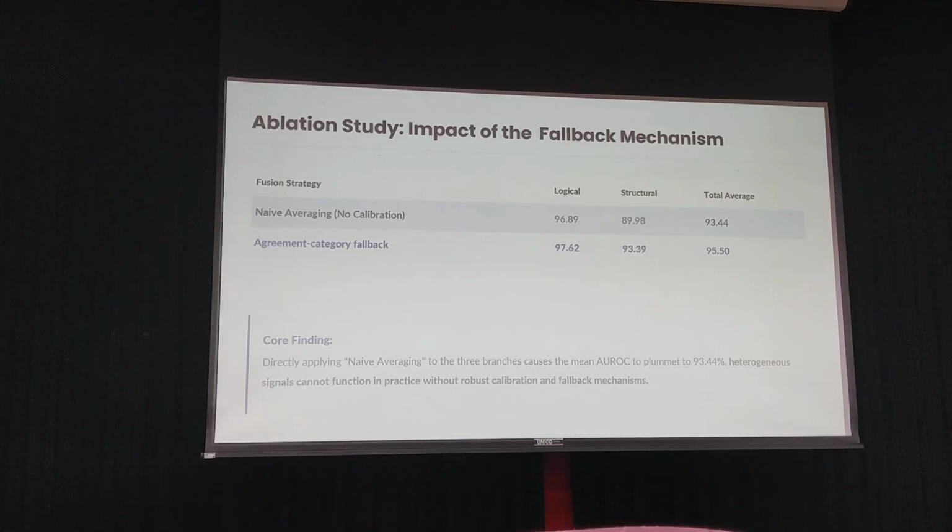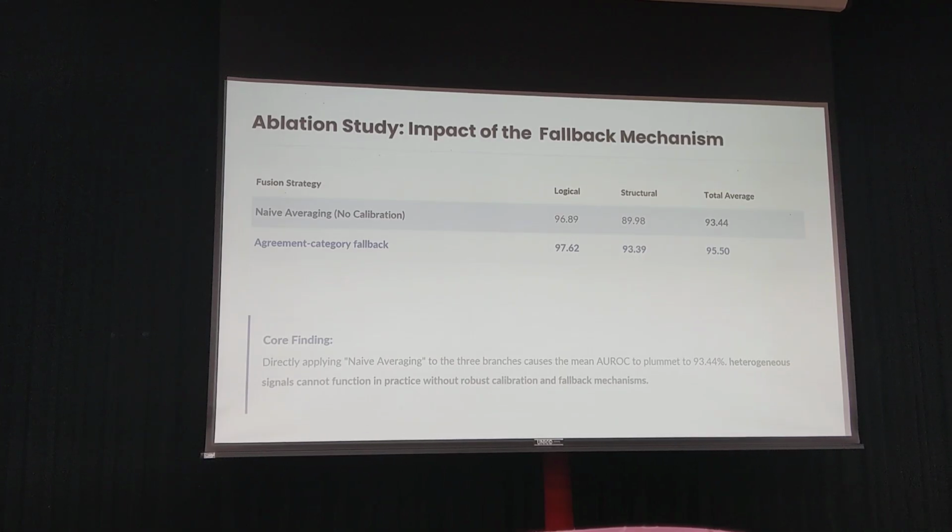This slide shows the effectiveness of the fallback mechanism. Here I compare two fusion strategies. If we average the three-branch scores without calibration, the total average AUROC drops significantly to 93.44.